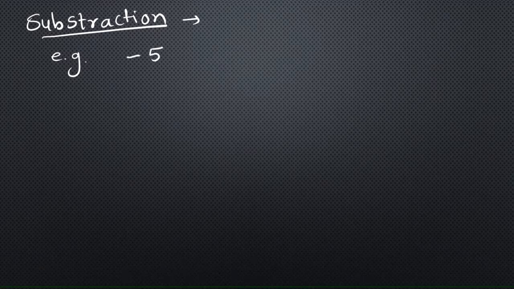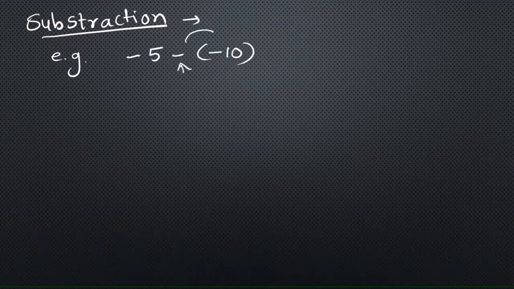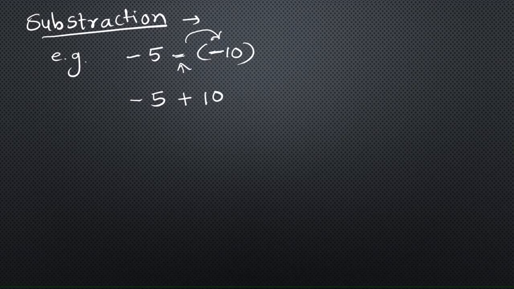-5 minus -10. Because of this minus sign, it changes the sign that the 10 has. So -5, and a plus sign will come here. Because of this minus sign, this sign changes, so plus 10.